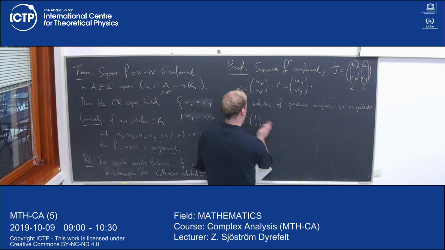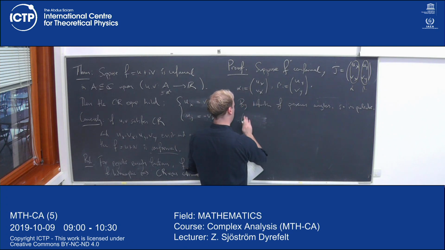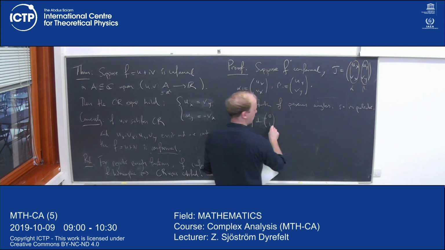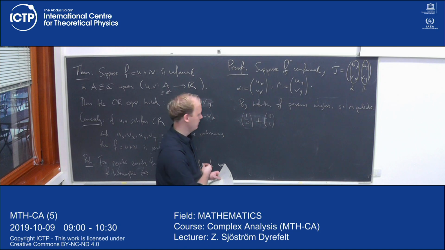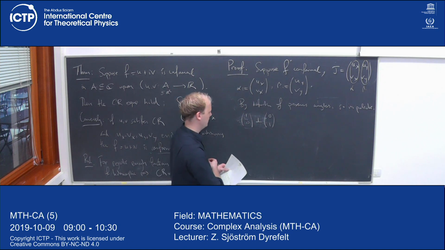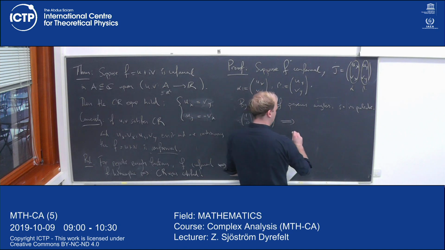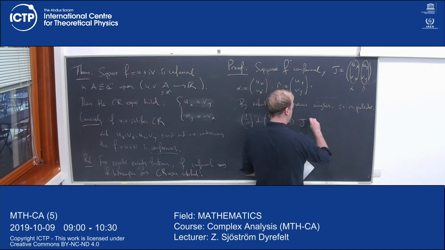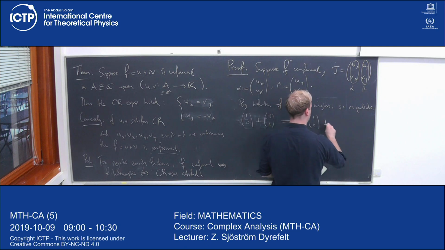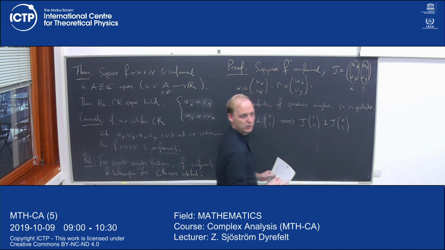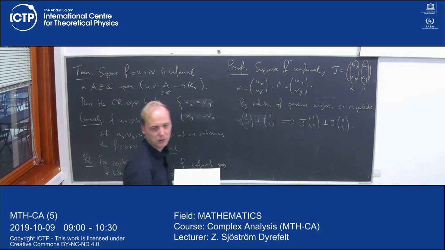So (1, 0) is orthogonal to (0, 1). So this implies, by this map being conformal, that J times (0, 1) is still orthogonal to J(1, 0). So J(1, 0) is still orthogonal to J(0, 1).